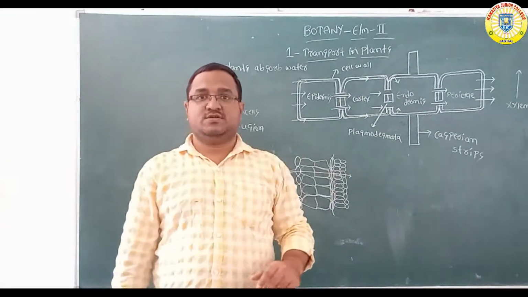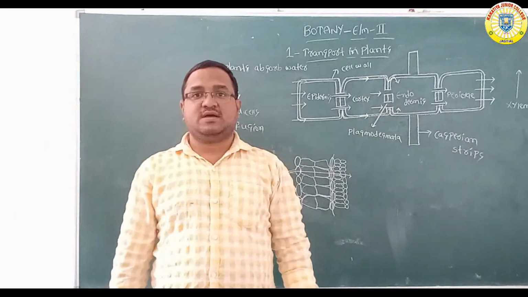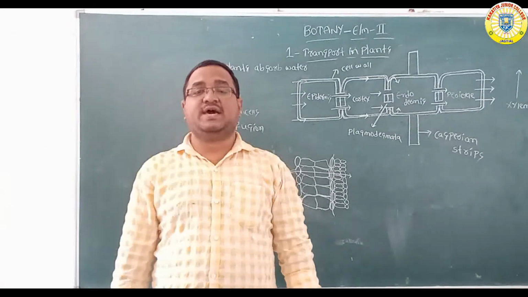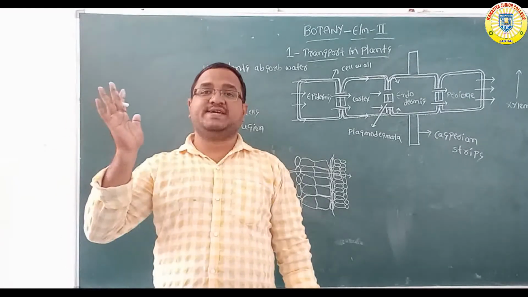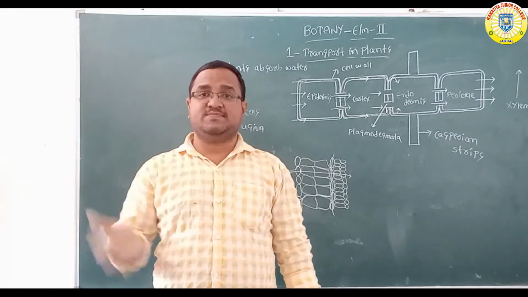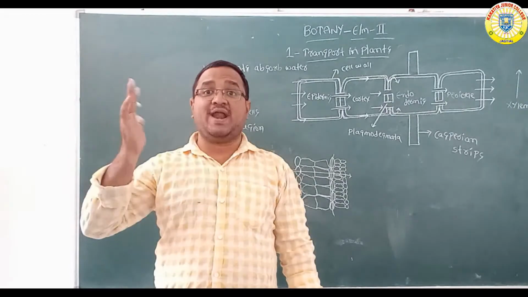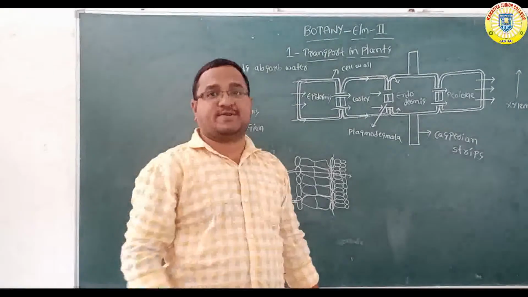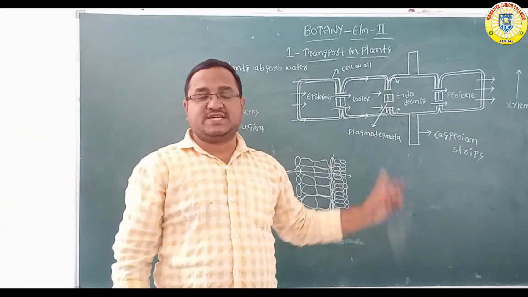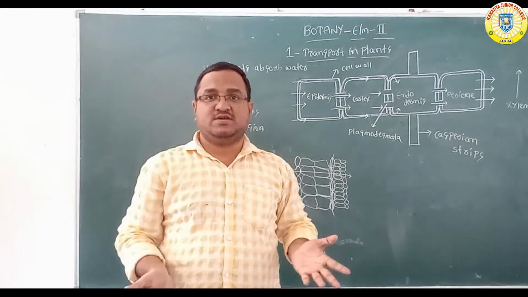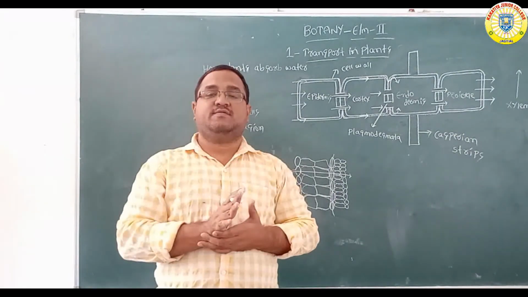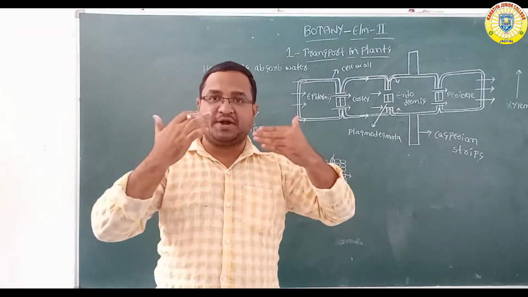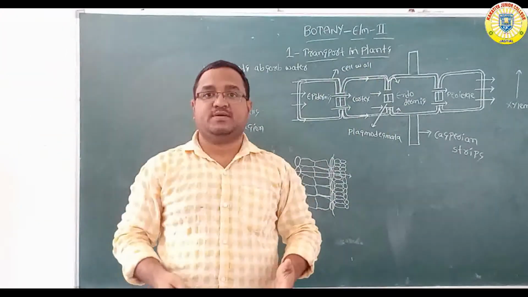The movement of water is carried out through concentration gradient. The apoplastic system does not provide any barrier to water movement. The movement of water is a mass flow, bulk flow.